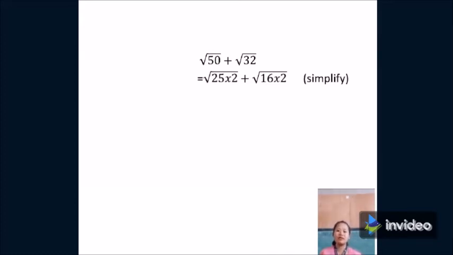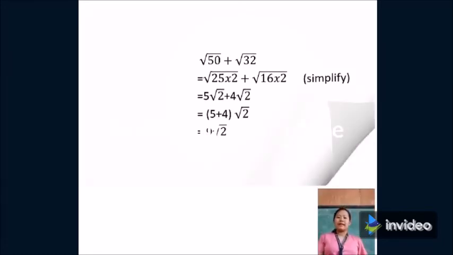What about square root of 32? The factor is 16 times 2. And 16 is a perfect square. So we have now 5 square root of 2 plus 4 square root of 2. So the final answer is 9 square root of 2.